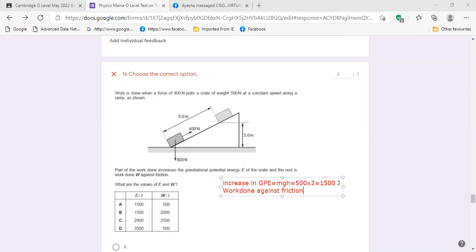Work done against the friction is the work done minus.